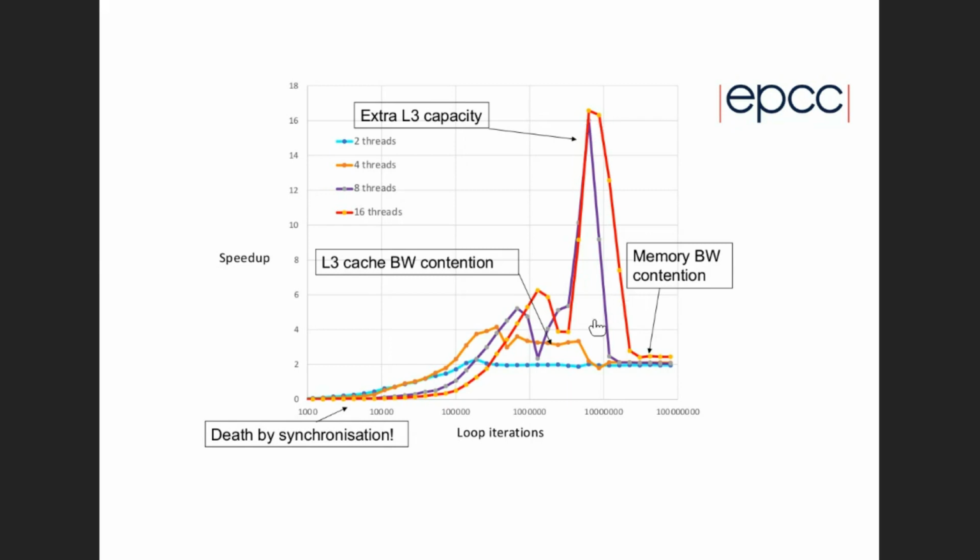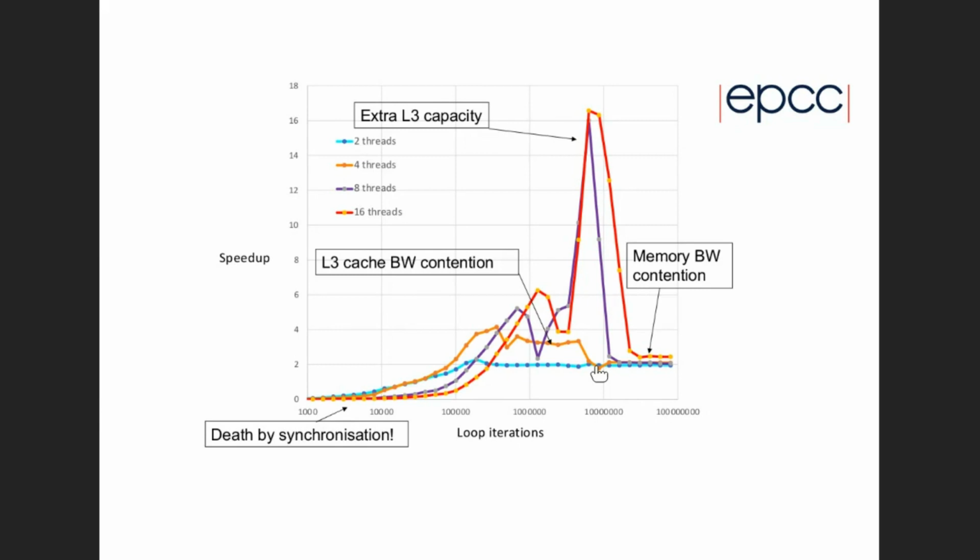Think about what's happening at this particular data size. If I run on 1 thread, the data doesn't fit in that 1 L3 cache, so all the accesses are coming from main memory.